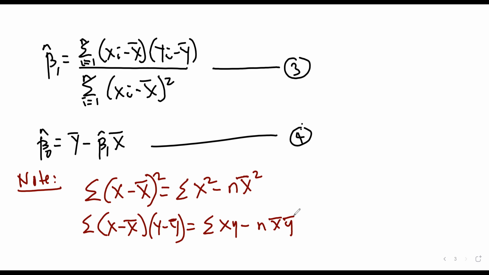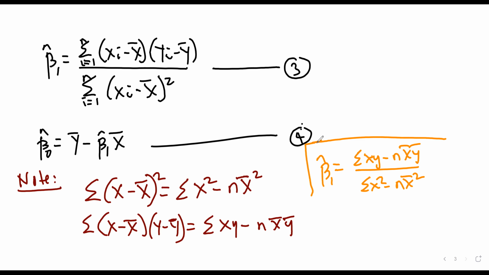That means beta 1 is equal to the summation of xy minus n x bar y bar, divided by the summation of x squared minus n x bar squared. So the calculations here are less bulky compared to the definition formula. That's how you get the estimates of the slope and the y-intercept.